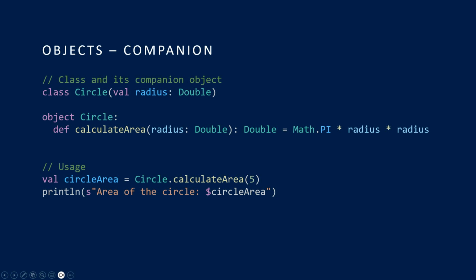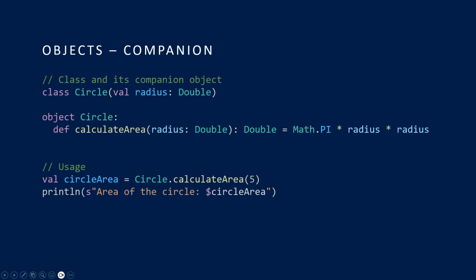So when we come to call it, supposing we want to have a value called circle area, which is the method from this circle object, where we've fed in 5 here into the method. So it's going to calculate the area of 5.